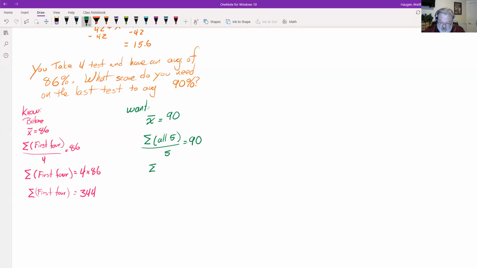So the sum of all 5 has to equal 450. So that means 344 plus the last test has to equal 450.